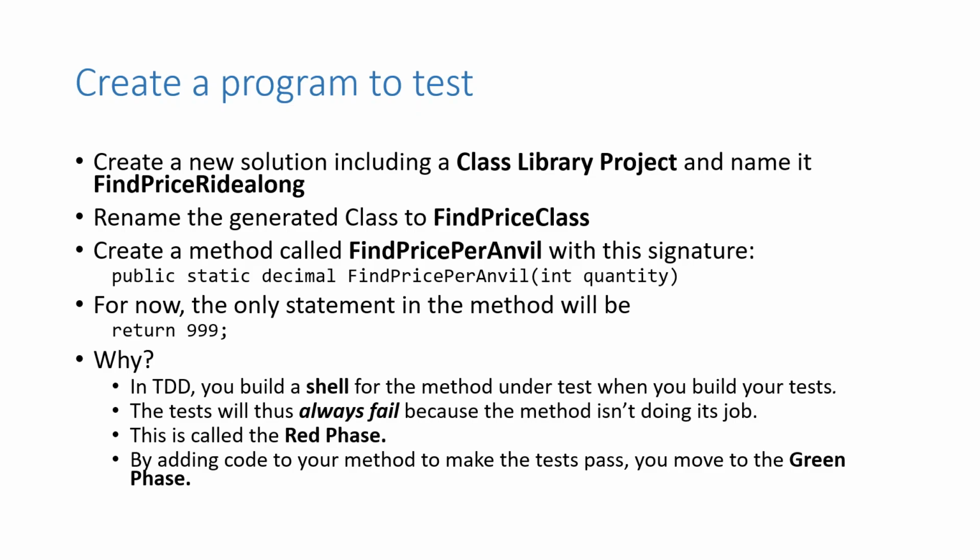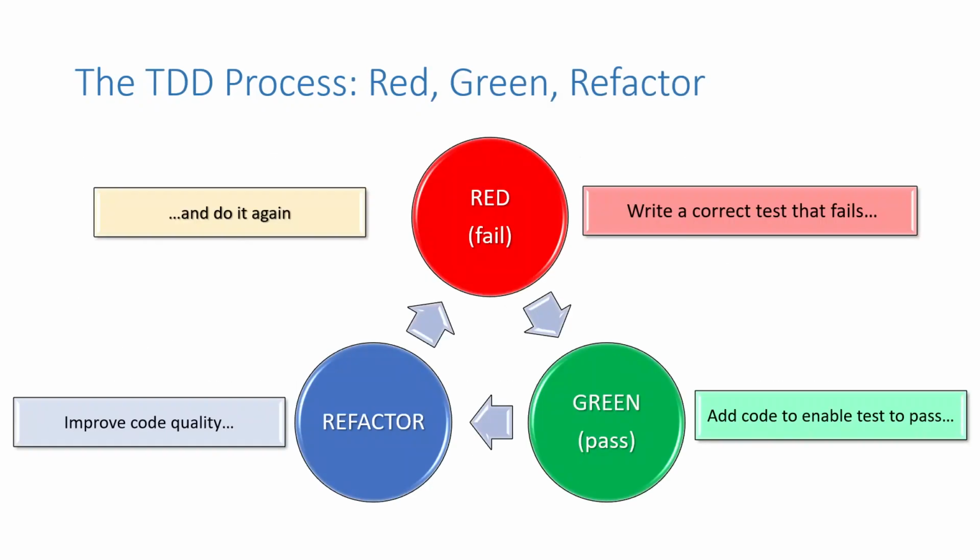But that's okay, because that's test-driven development. You'll understand this as we go on. You want to start with the test failing, and then you adjust the code so that the tests pass. When the tests fail at the beginning, it's called being in the red phase. And then by adding the code that makes the test pass, you move to the green phase.